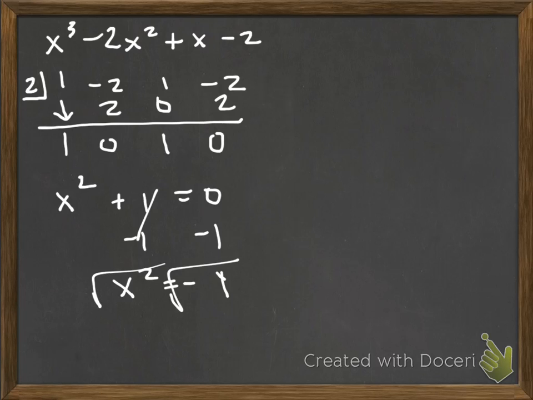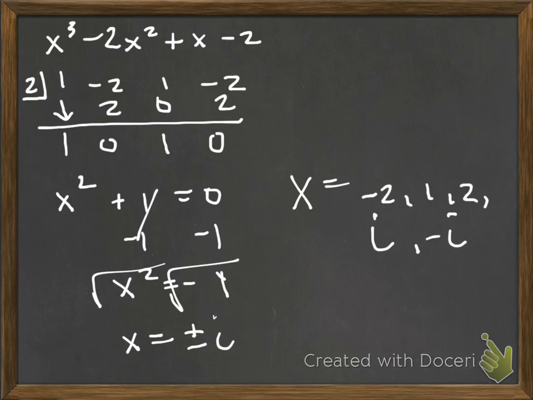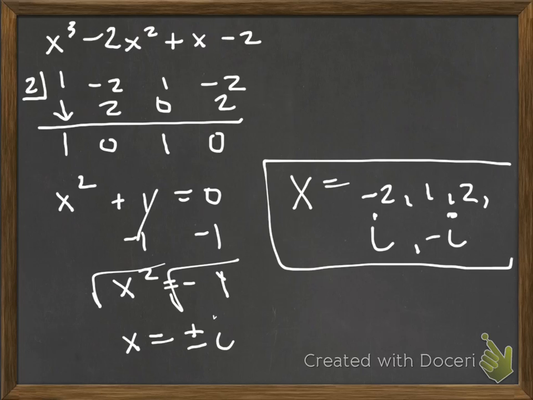Take the square root, so x equals plus or minus i. So my 5 total answers were -2, 1, and 2, the three real answers that were essentially given to you, and the other two answers that we found were a positive i and a negative i. So there are my two complex or imaginary solutions. So that is example A.